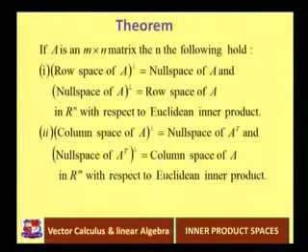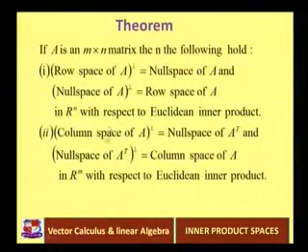Let us see one theorem. If A is any m cross n matrix, meaning m rows and n columns, then the following conditions hold. First, the row space of A perp is equal to the null space of A, and the null space of A perp is equal to the row space of A. This means the row space of A and the null space of A are orthogonal complements in Rn with respect to the Euclidean inner product.